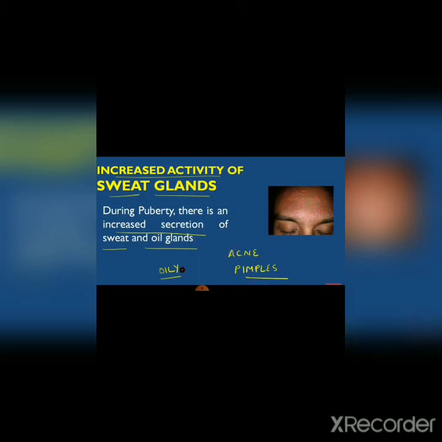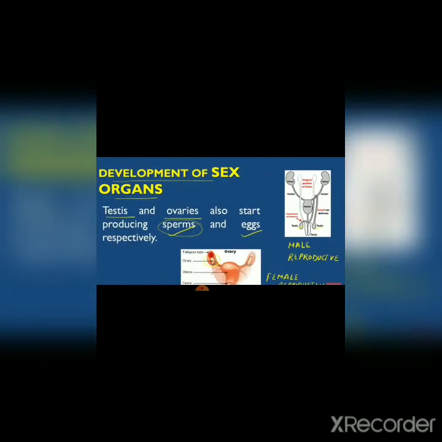Moving further, the next topic of the puberty, that is development of sex organs, right? So about this thing we have detailed studied in last previous chapter, that was reproduction in animals, under which we have talked about testes. Testes is the male reproductive part, right?